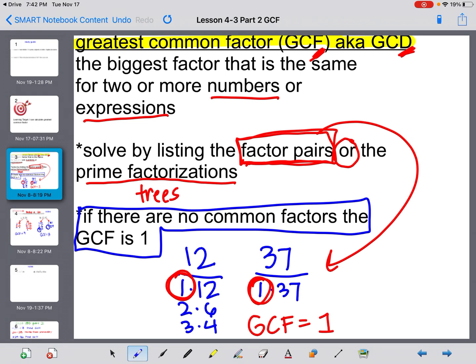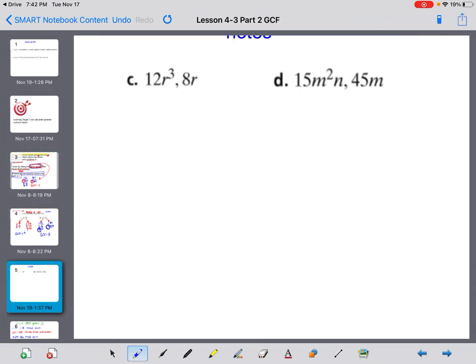Back up here for a moment. Okay, solve by listing the factor pairs. That's what I was just doing. Now I'm going to try 2 of them under the list, or the prime factorization. So I would need a tree for 12, a tree for 8, a tree for 15, a tree for 45.